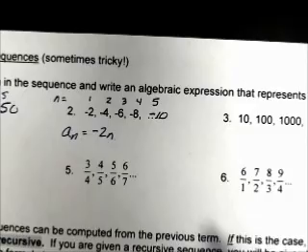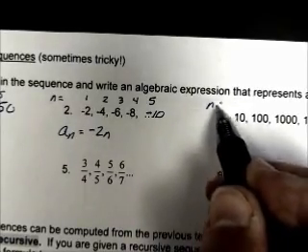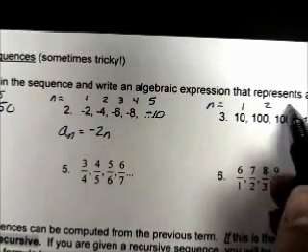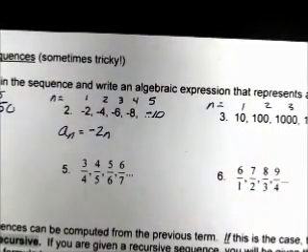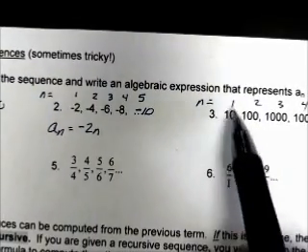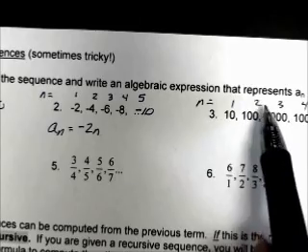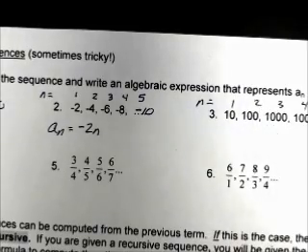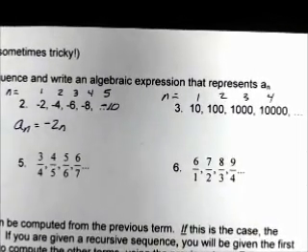Number 3. N equals. This is our first term, our second, our third, our fourth. Well, 1 times 10 is 10. But is 2 times 10 100? No. What do we have going on here? Oh, let's see.